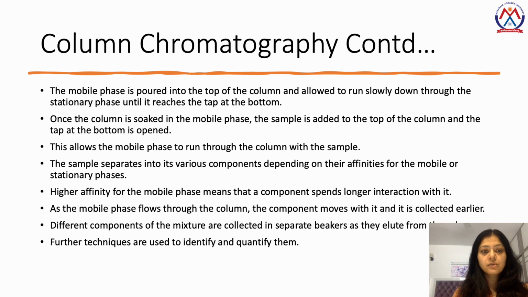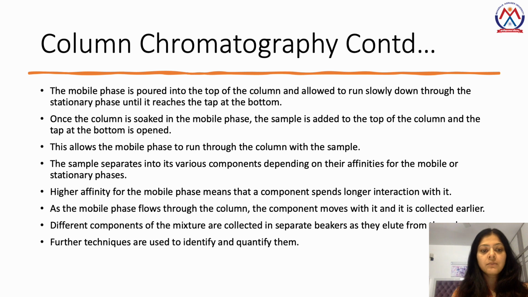Once the column is soaked in the mobile phase, the sample is added to the top of the column and the tap at the bottom is opened. This allows the mobile phase to run through the column with the sample. The sample separates into its various components depending on their affinities for the mobile or stationary phase.